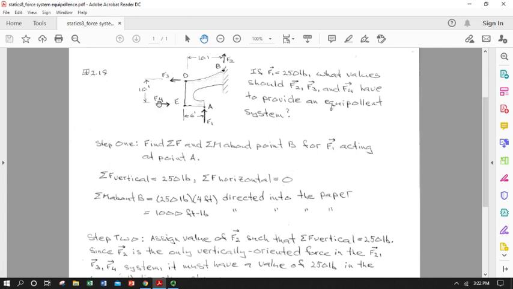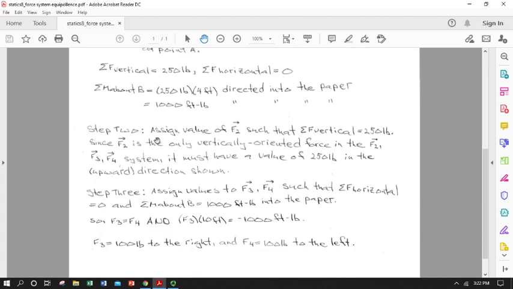F3 and F4, we don't know what the magnitude is, but we know they got to be equal because we know that the forces in the horizontal have to cancel out to be equipollent. So we have F2, and we know that F3 and F4 are the same.